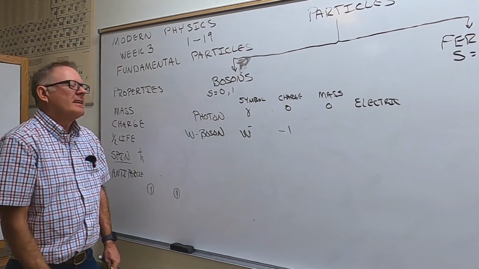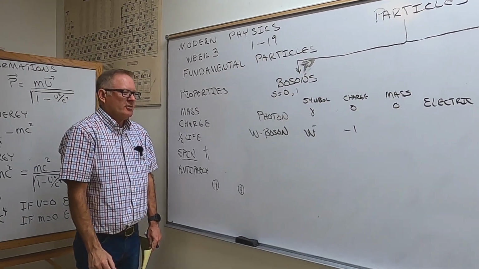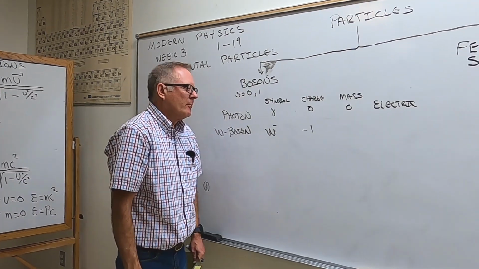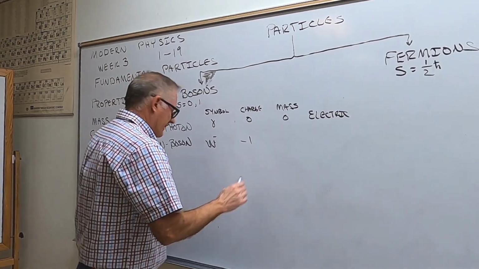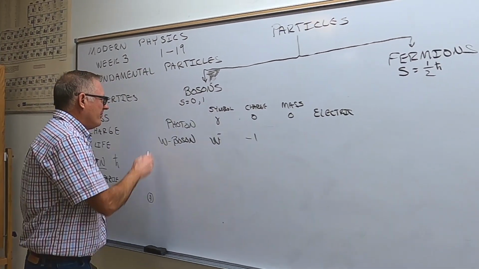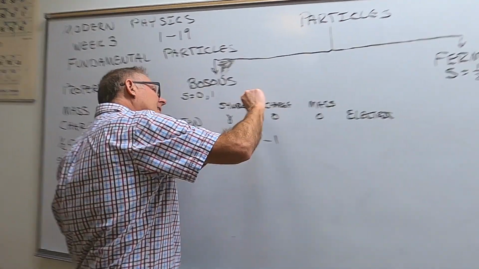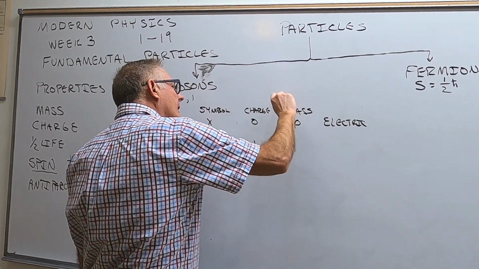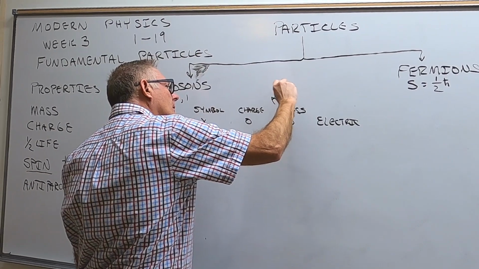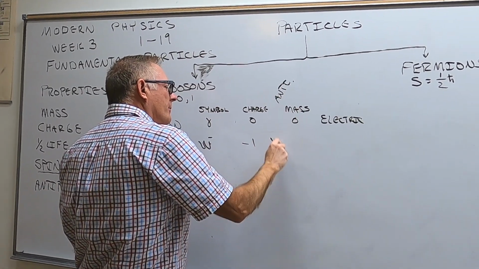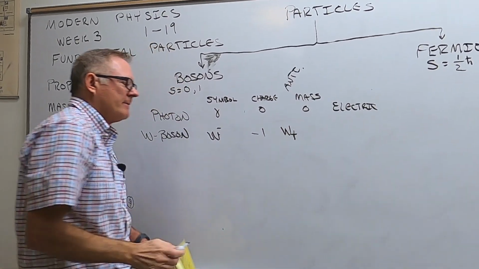It actually has an antiparticle to it. It would be called a W+. I don't know where I'm going to squeeze that in, maybe over here. The antiparticle would be the W+ right here.